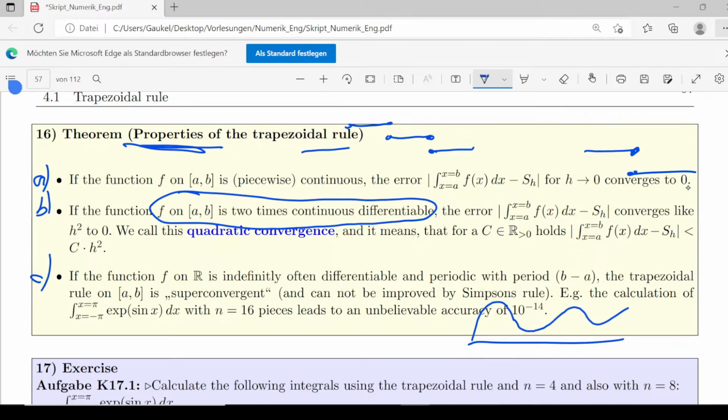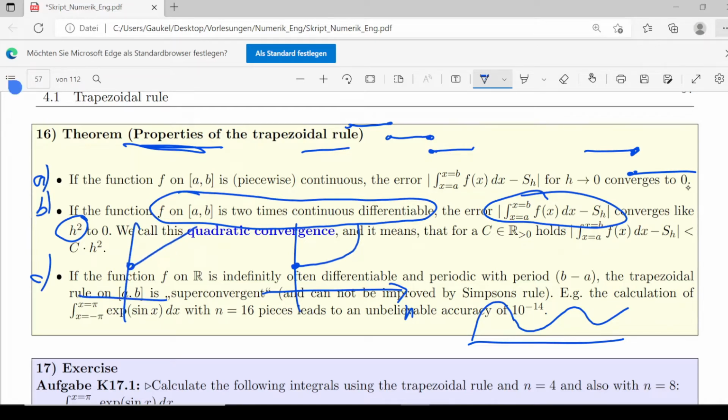And if the function is of that type, then the convergence is fast. It converges like h squared. That means if that is h, then it looks like that. And compare that behavior to behavior like that.